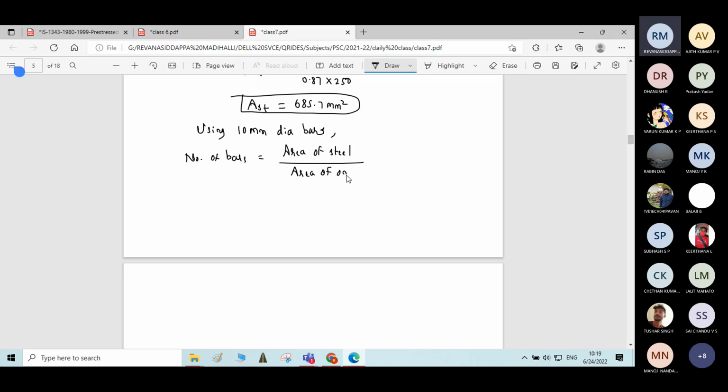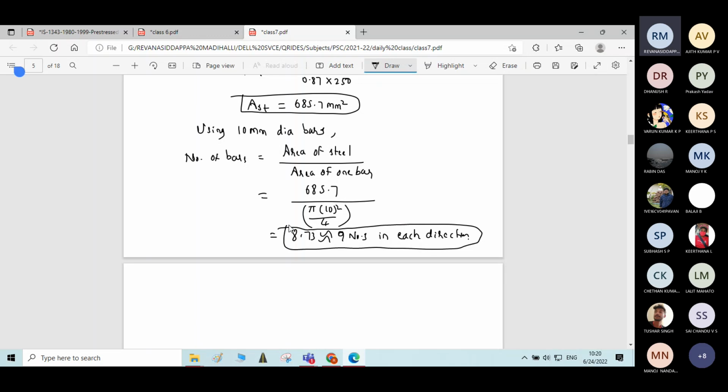Total area required is 685.7. Area of one bar is pi into 10 square by 4. By this you get 8.73, which you can round off to 9 numbers. So 9 bars in both directions, horizontal as well as vertical. A very simple design.